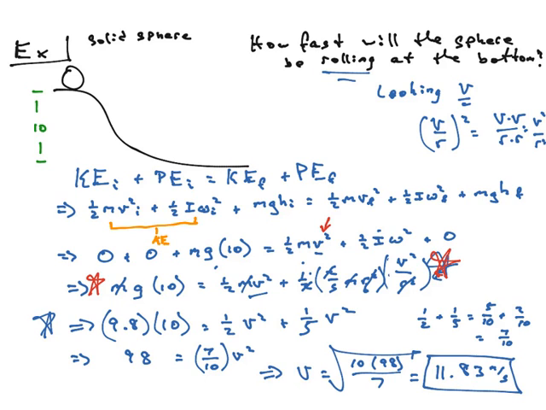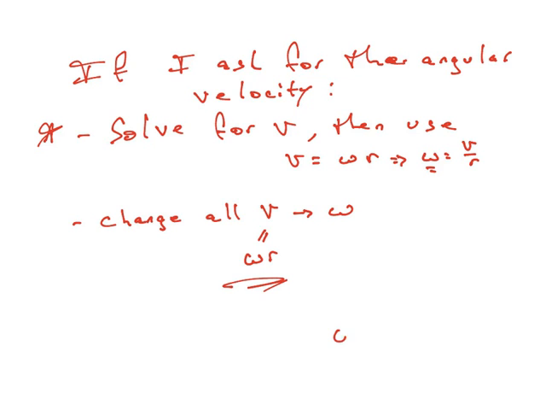That's perfectly fine. If you say, look, I only want to remember one way of doing things, I want to remember how to do it this way and only this way, then do it. And if I ask you for omega instead, you go through the process, you get your V. I now know V is 11.83. And all I'd say is, okay, that means omega is V over R, so it's 11.83 over 0.3 meters, and you get whatever omega is.